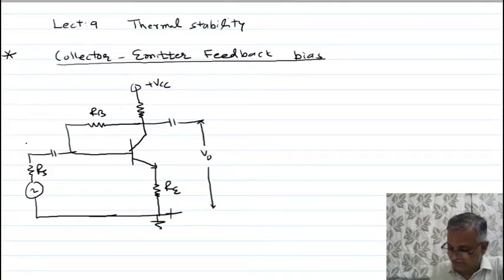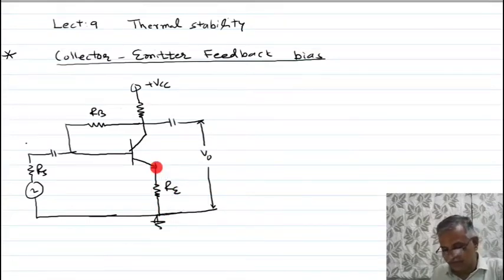Listen again. The collector emitter feedback bias circuit can be obtained by giving the base bias voltage from the collector through the resistor RB, and emitter bias voltage is given by inserting the emitter resistor RE between emitter lead and ground.